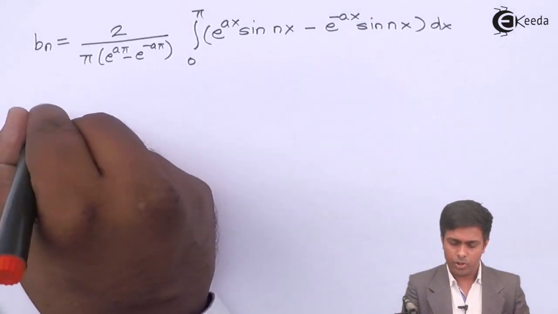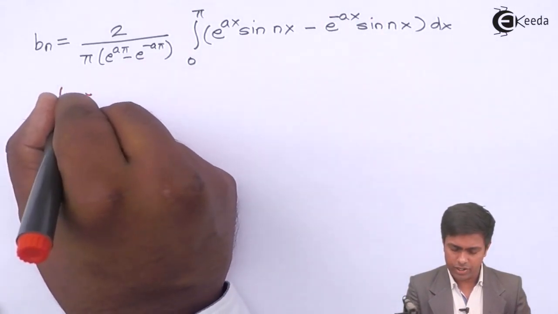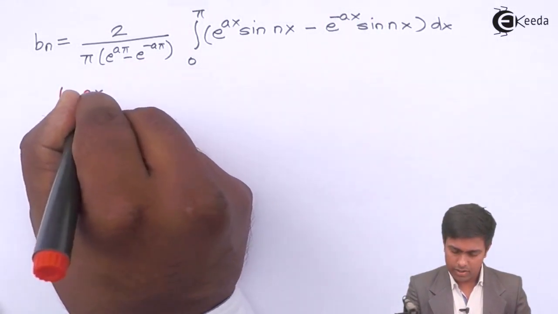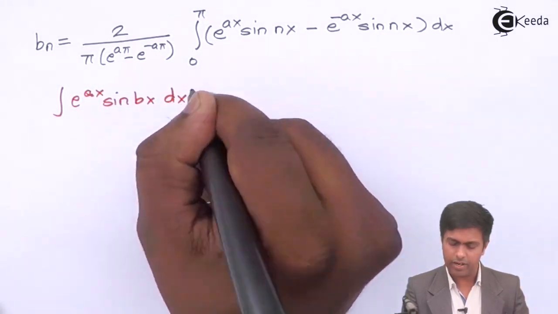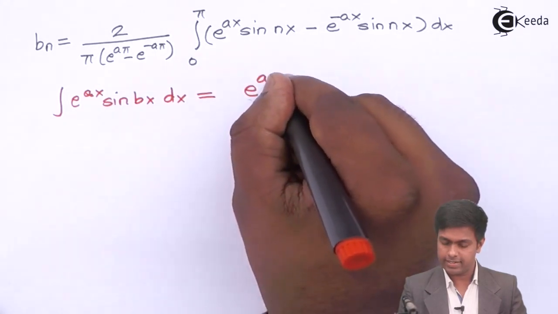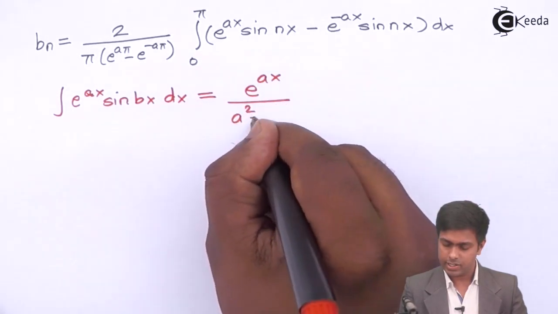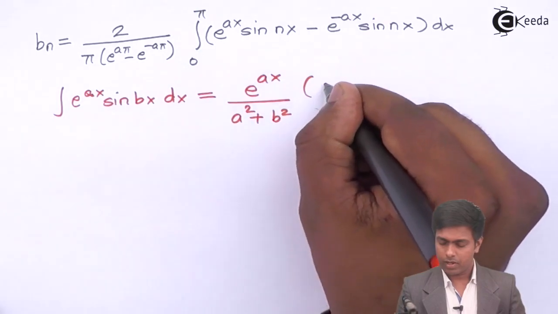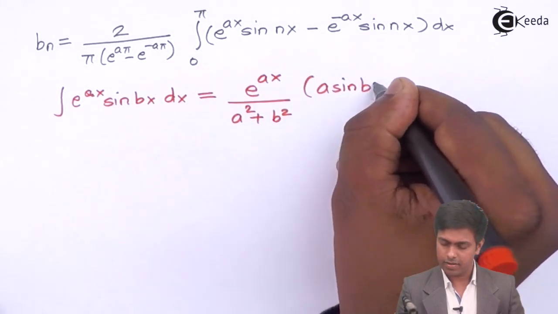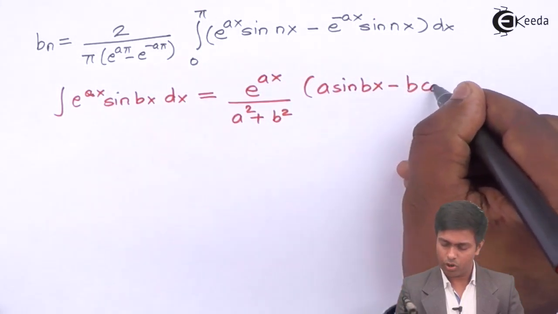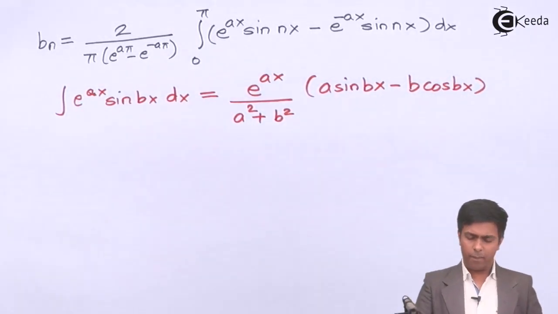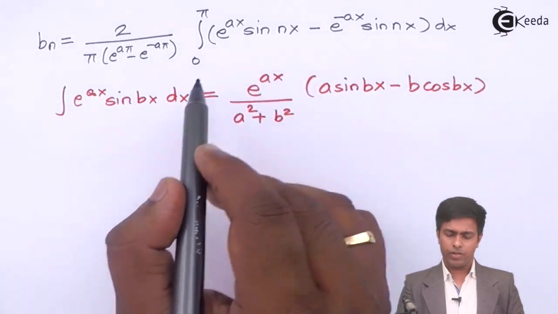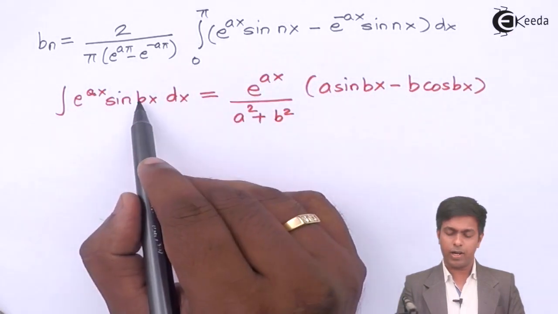So let's start. The integration of e raised to ax into sine bx dx is given as e raised to ax upon (a square plus b square) into (a sine bx minus b cos bx). I'll use this result. Now if I compare this question with the formula, the value of a is a but the value of b is n.